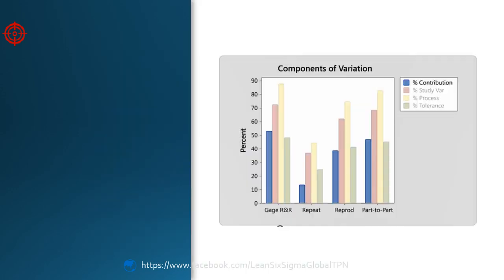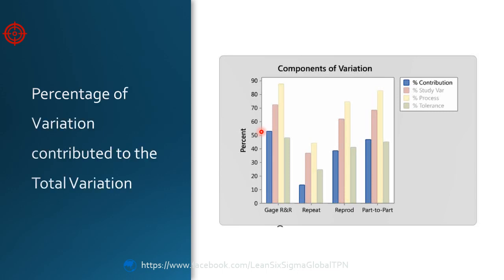So now let's look at the 4 bars within each component of variation. What do they represent? The blue and red bars are always shown by default. The blue bar is the percentage of variation that each component contributes to the total variation.